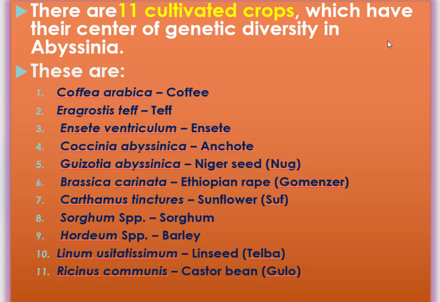These are the 11 cultivated crop plants which have their center of genetic diversity in Ethiopia or Abyssinia.